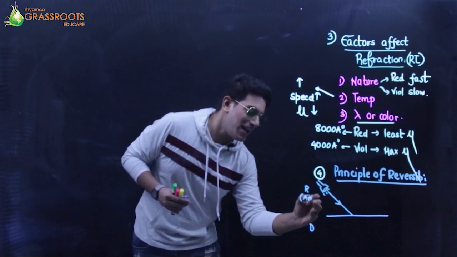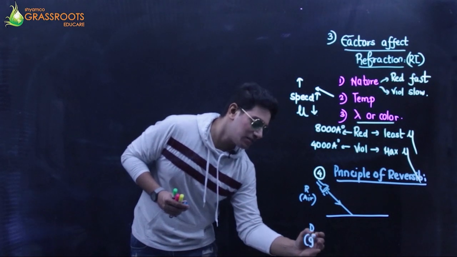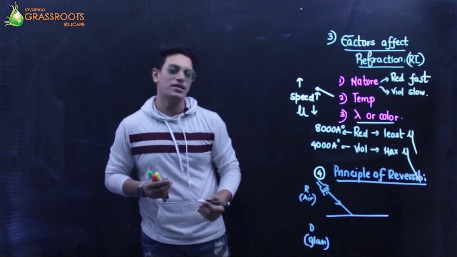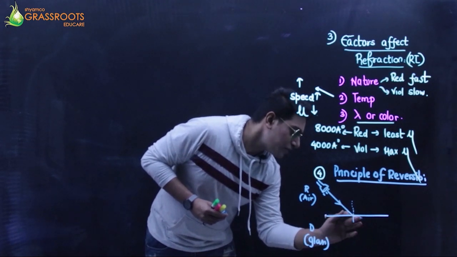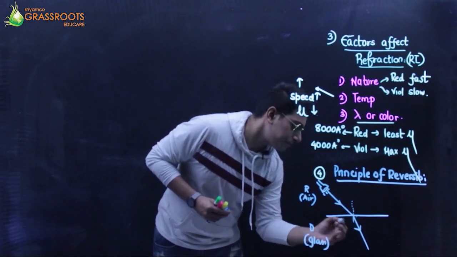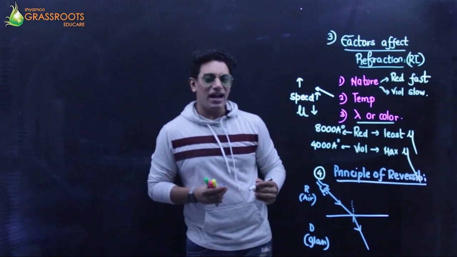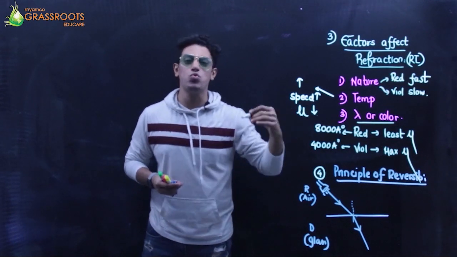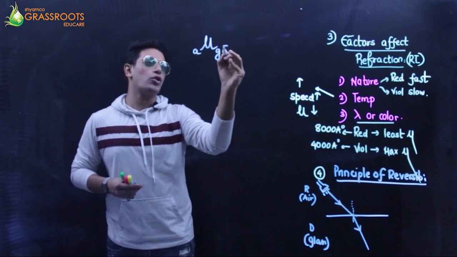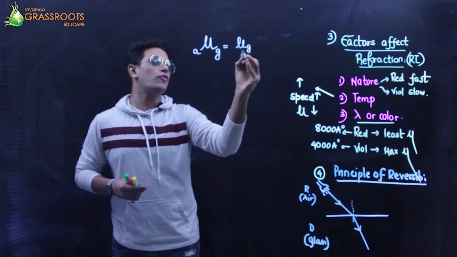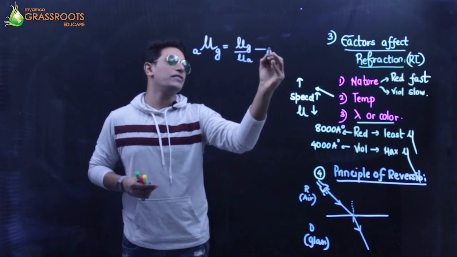Example, it goes from air to glass. Now obviously, rarer to denser, bending will be towards the normal. Fine. If I write this in terms of the refractive index, it is mu air to glass, and according to the formula, it is mu of glass upon mu of air.